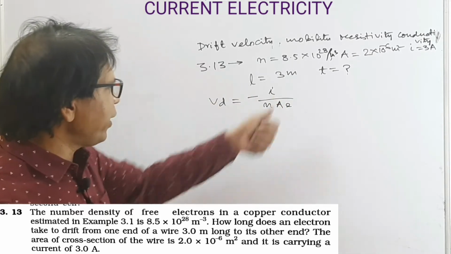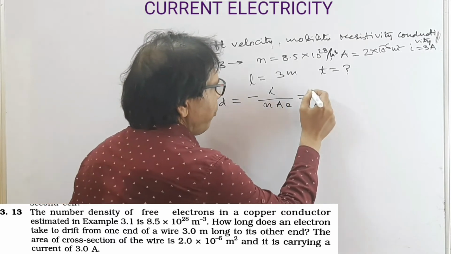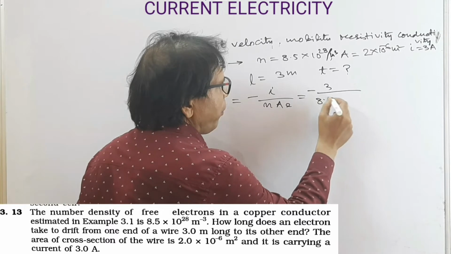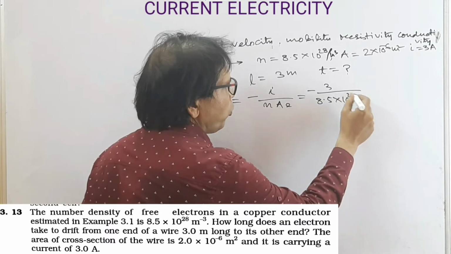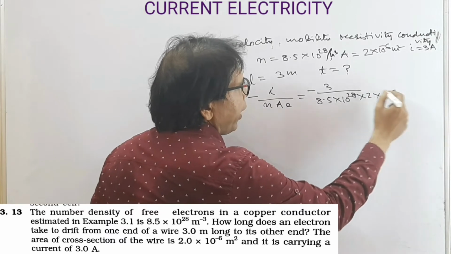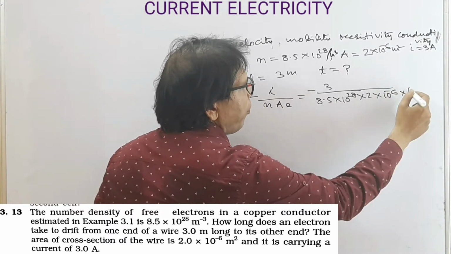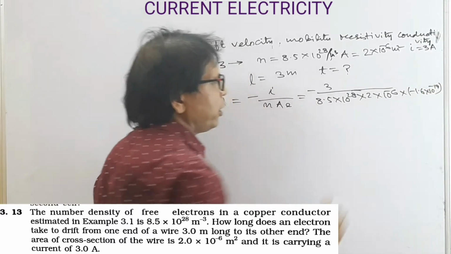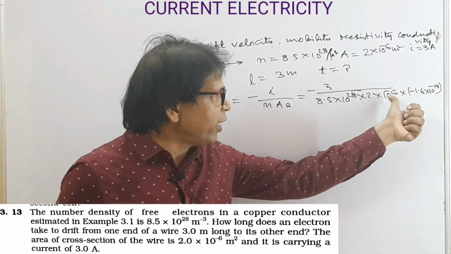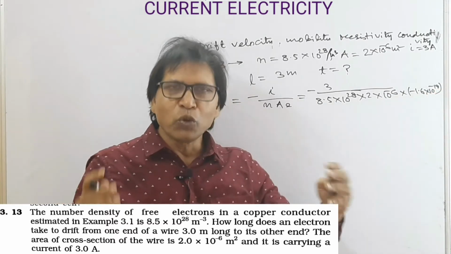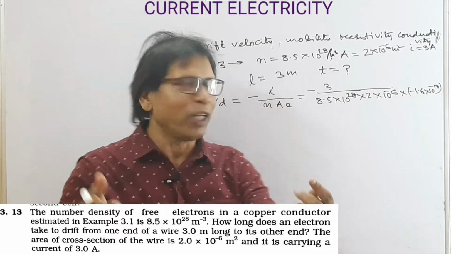NAE. Look at this. This is the minus 3 ampere. N is the 8.5 into 10 to the power 28. A is 2 into 10 to the power minus 6. And this is the minus 1.6 into 10 to the power minus 19. Look at this. This is the minus 6 and this is the minus 19, so this is the minus 25.